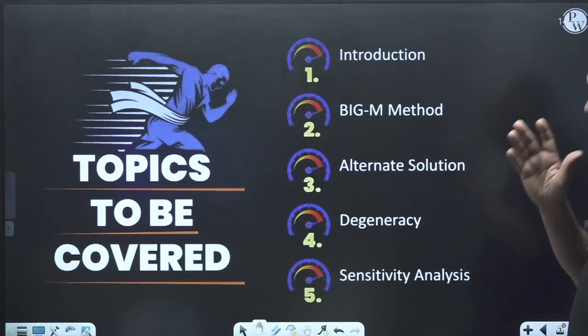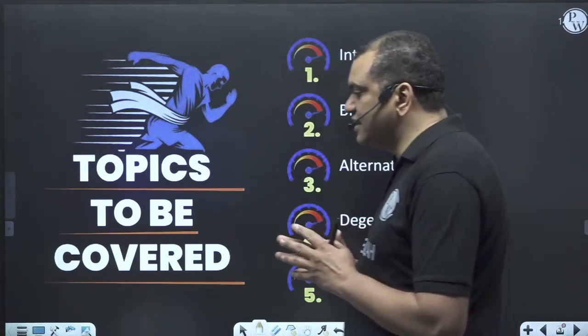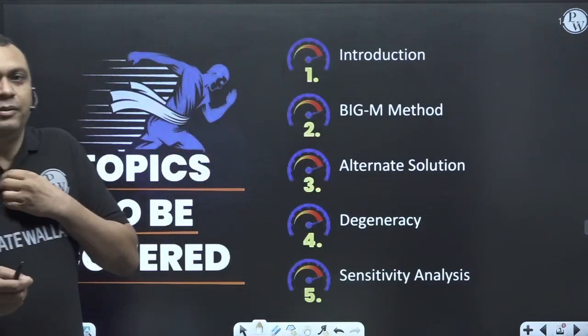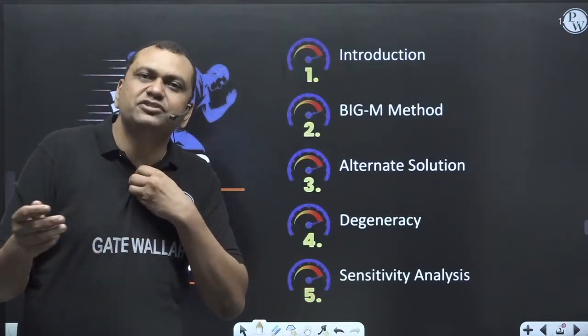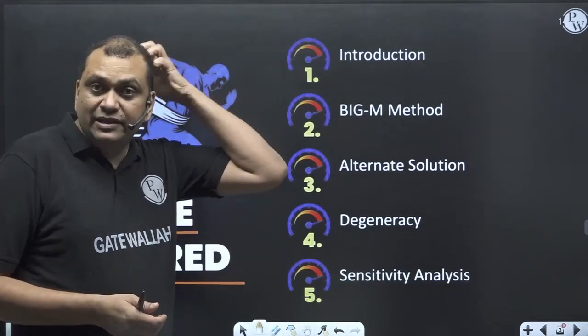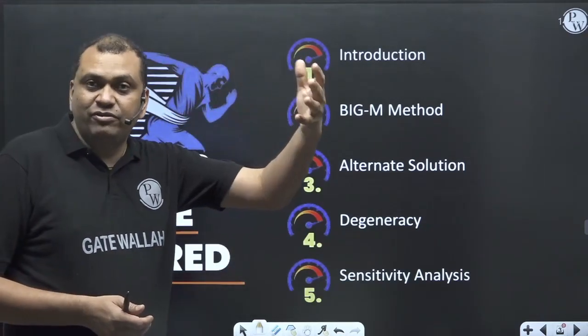So what are the topics that I am going to cover in the Simplex analysis? First of all, introduction, meaning the basic procedures of Simplex. Then the Big M method, and when we have to apply it.